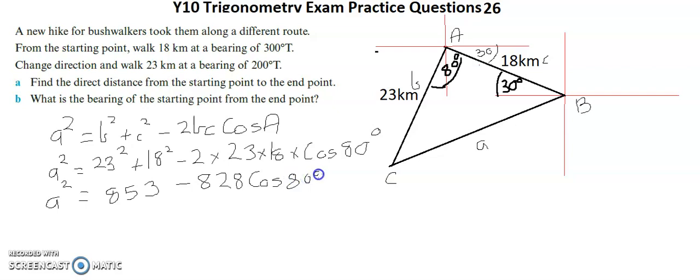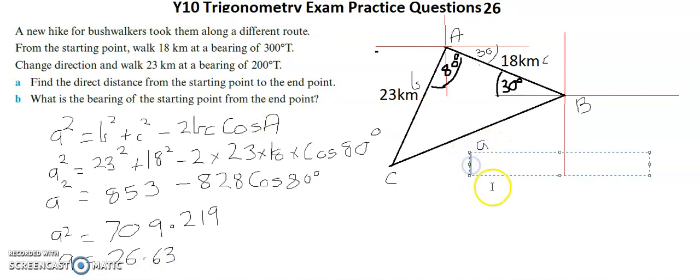Now I just need to solve my right-hand side. If I put that into a calculator, a to the power of 2 is equal to 709.219. The final step is to square root both sides, and I find out my a, which is 26.63. So that gives me this information for a, 26.63.